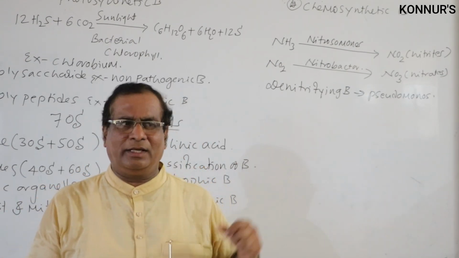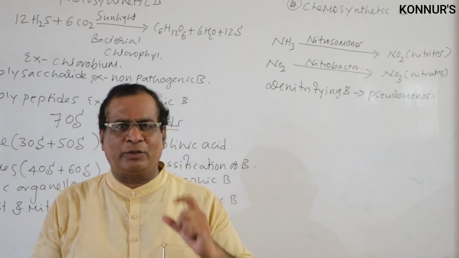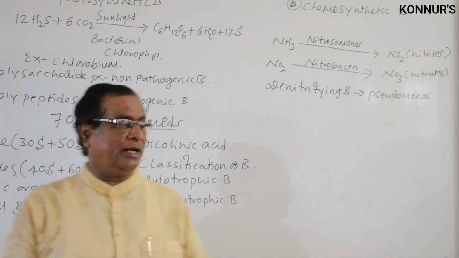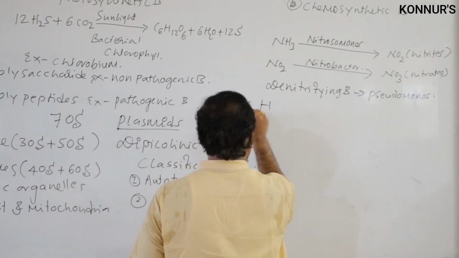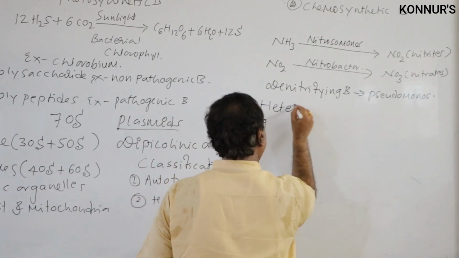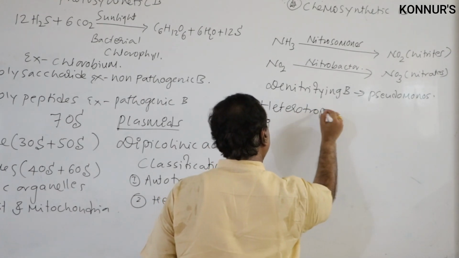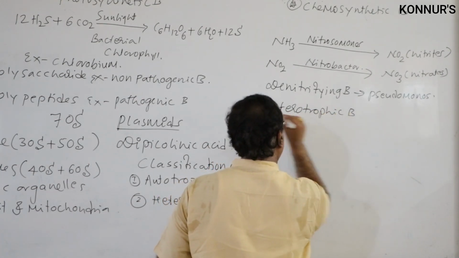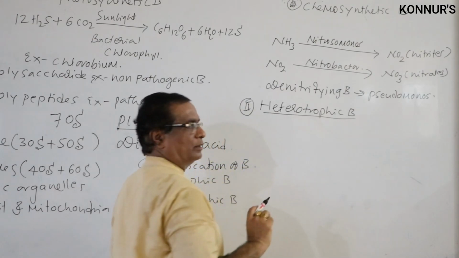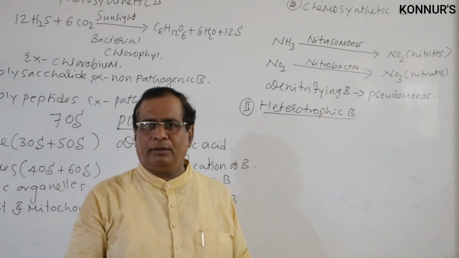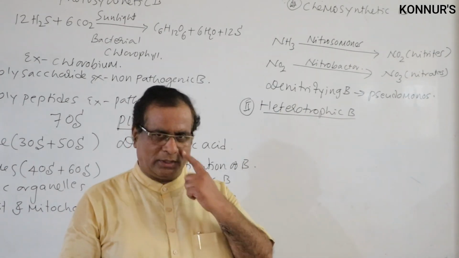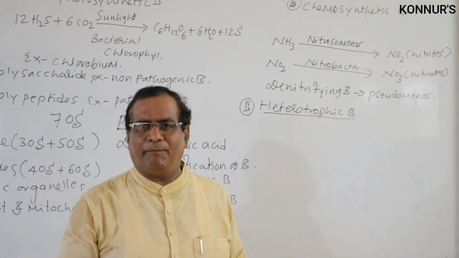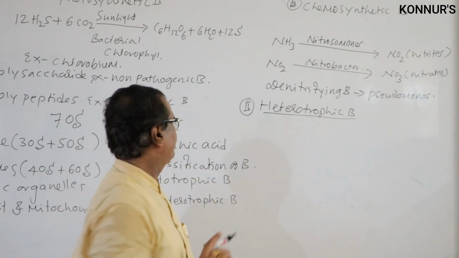These are chemosynthetic bacteria. Photosynthetic and chemosynthetic, both of them are autotrophic bacteria. And now, heterotrophic bacteria. They are not preparing their food, but they are dependent on other organisms or dead organic matter for their food.